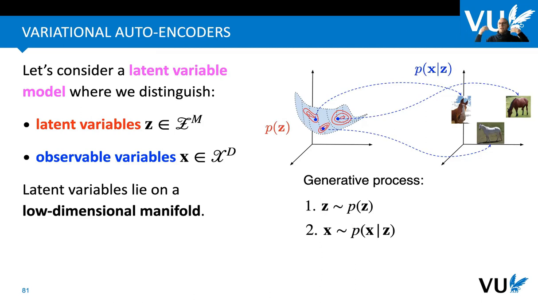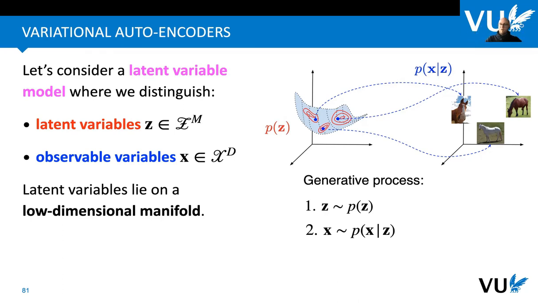there are some latent factors, some factors that are responsible for generating an image. For instance, if we take horses, the background is green because it's in the field in the summer or in the spring. The color of a horse is brownish or whitish. The height is this, the weight is this, and so on.